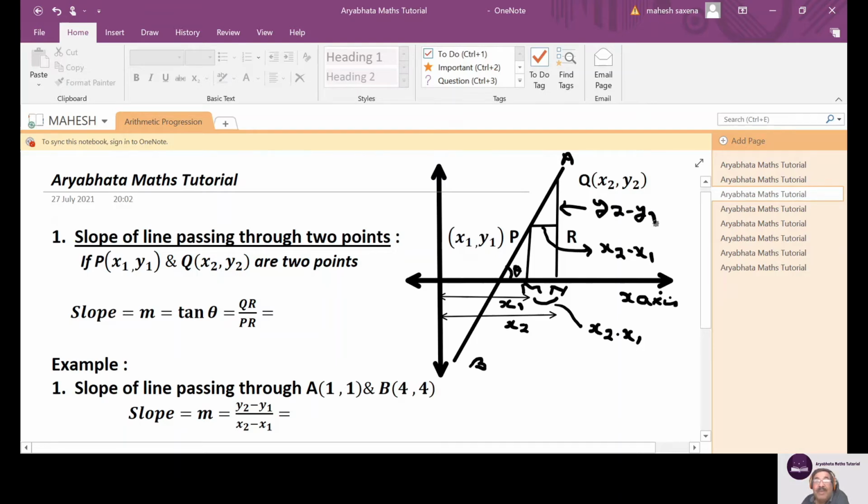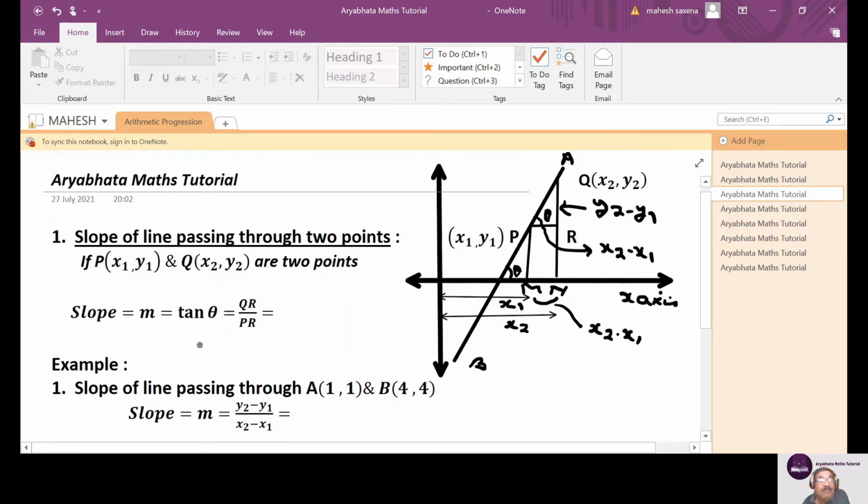Now, the slope of the line AB passing through 2 points P, Q is tan theta. But by geometry, this angle QPR will also be equal to theta. Therefore, in this triangle, tan theta is equal to QR upon PR.